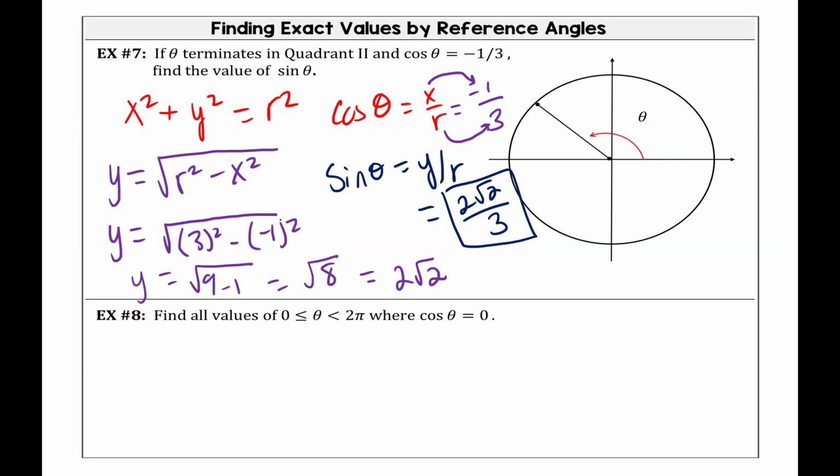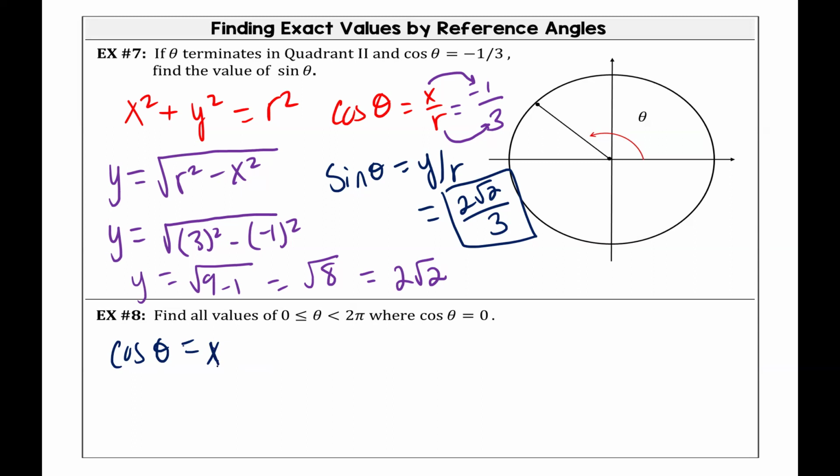All right, here we go. Find all values of theta between 0 and 2 pi where cosine theta equals 0. If I'm looking for when cosine theta equals 0, cosine theta means I'm looking for your x.